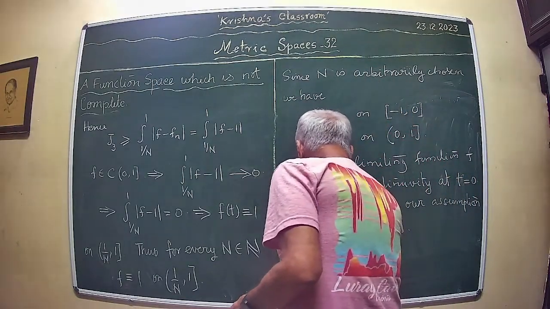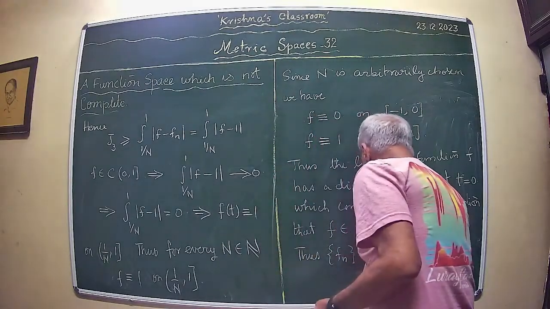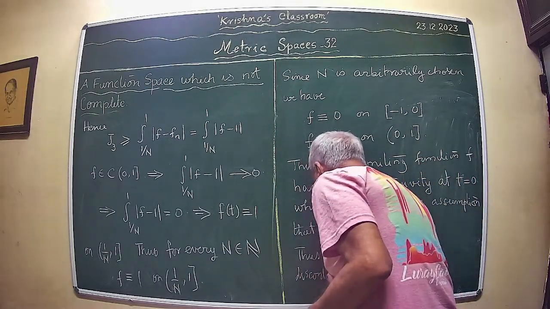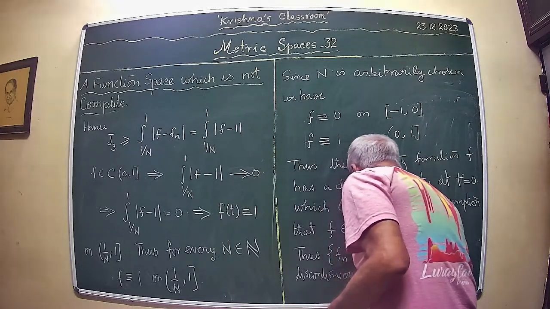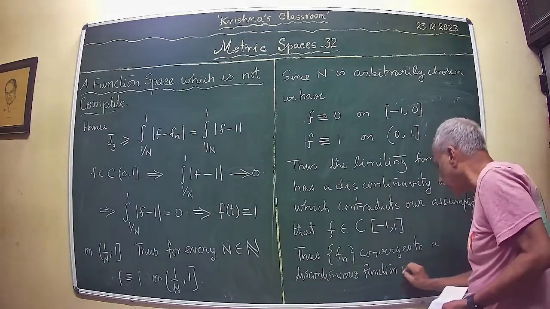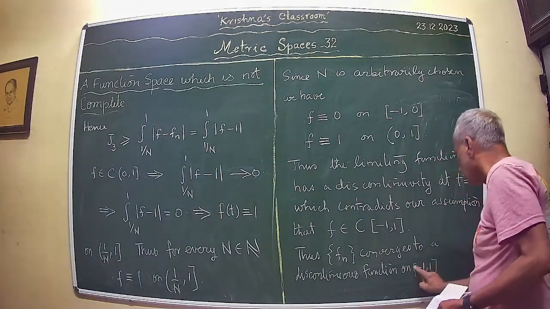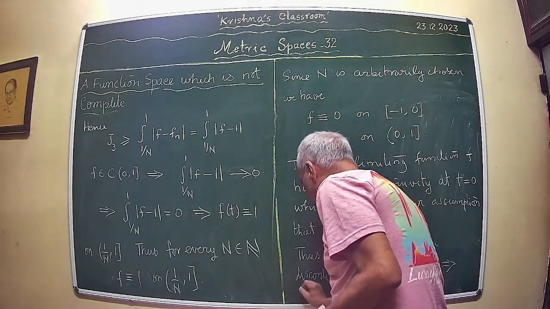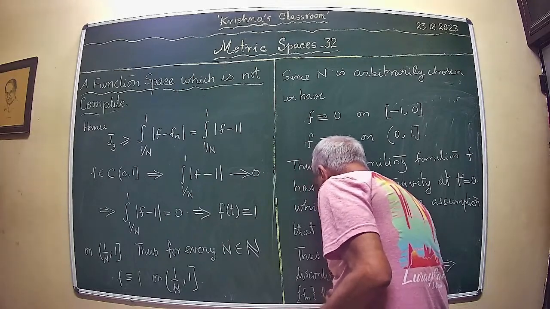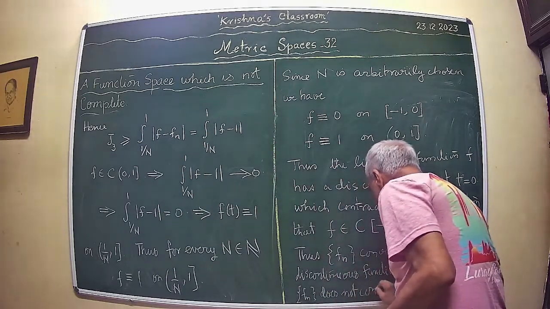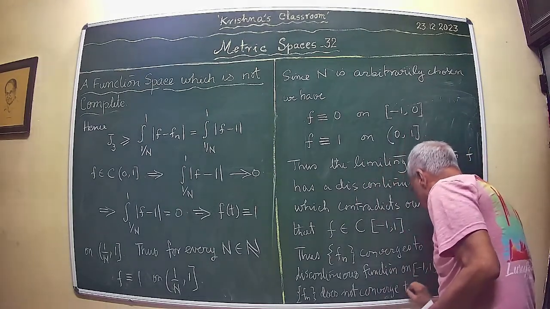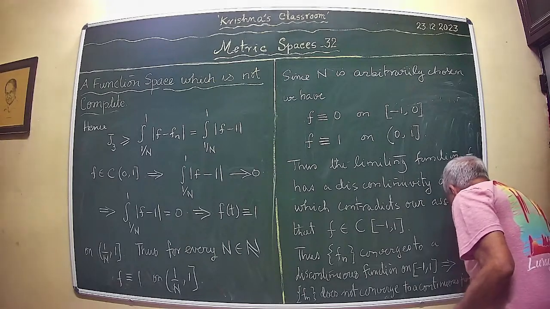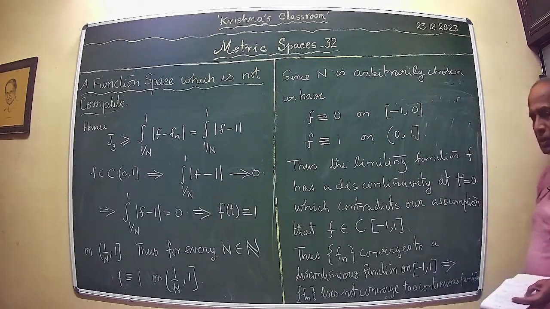Thus, a discontinuous function implies Fn does not converge to a continuous function.